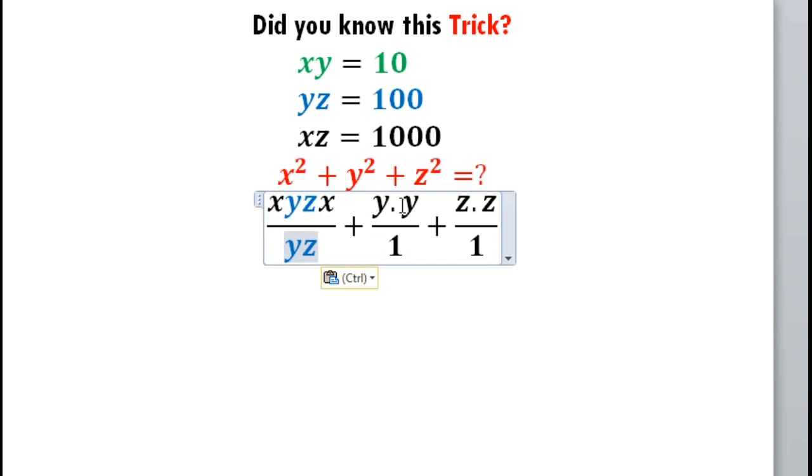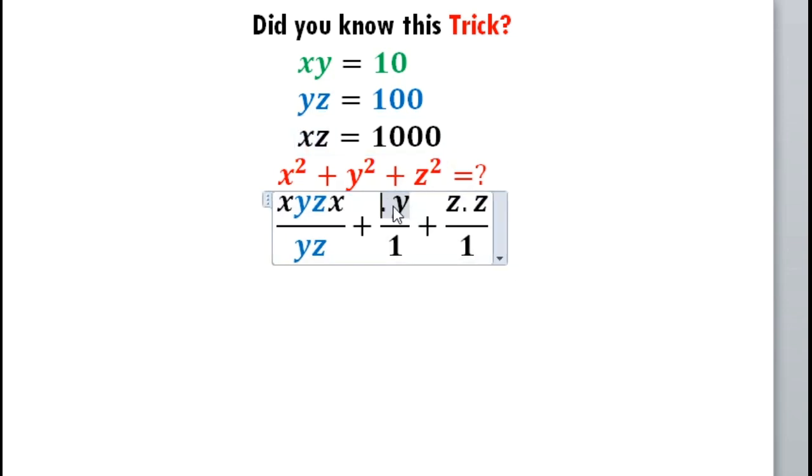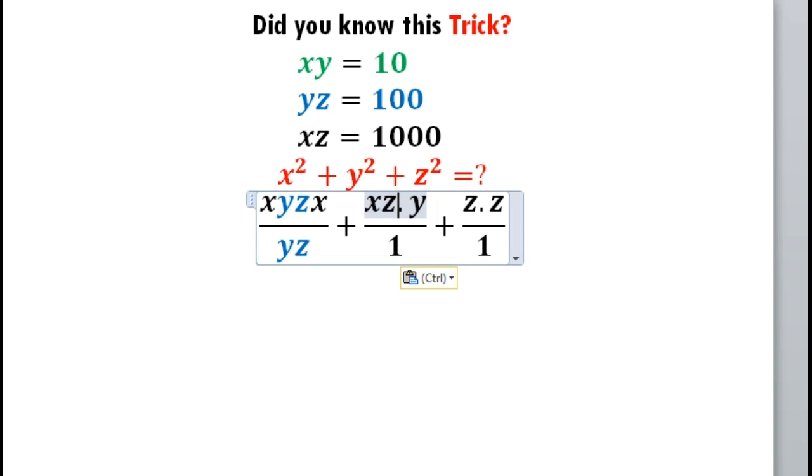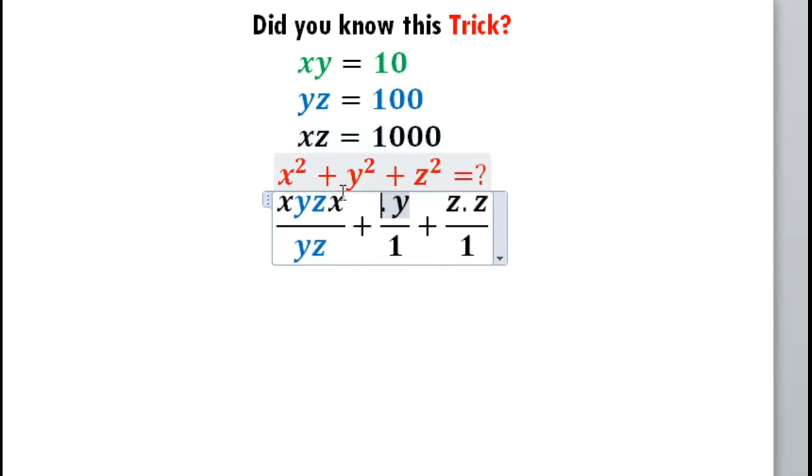Then here we already have y times y, so we are remaining with x and z to have the three variables. So we'll multiply both the numerator and denominator of the second term by xz.